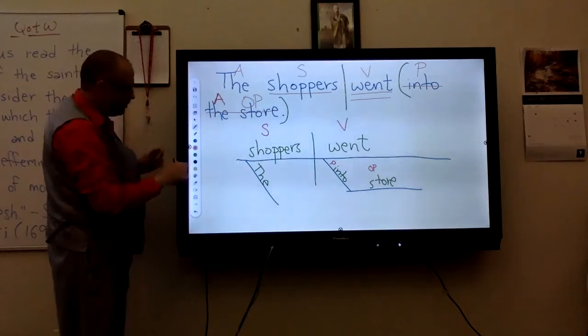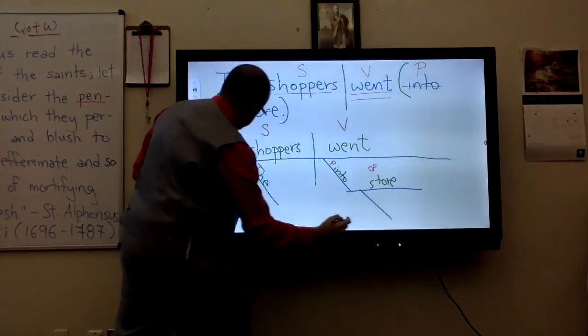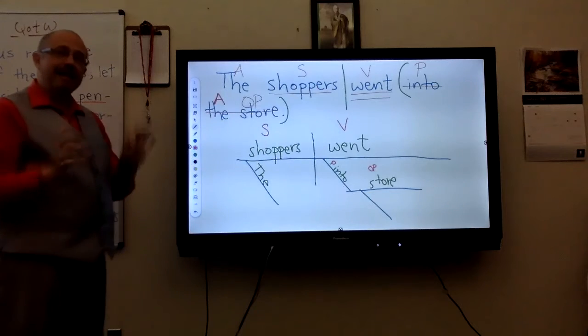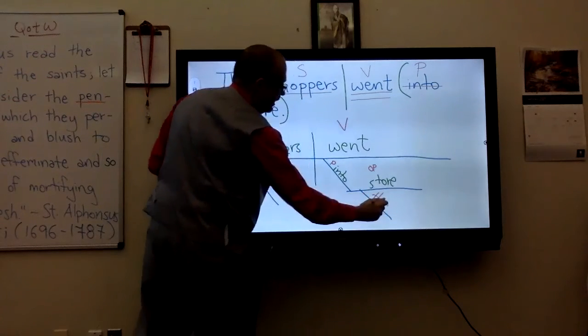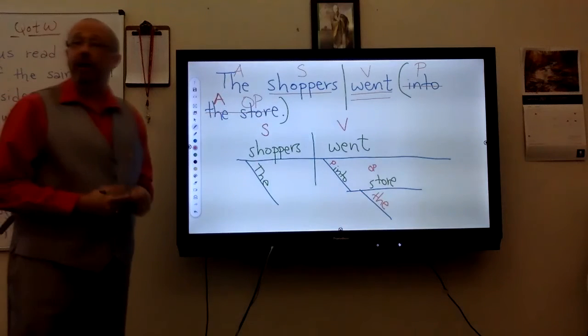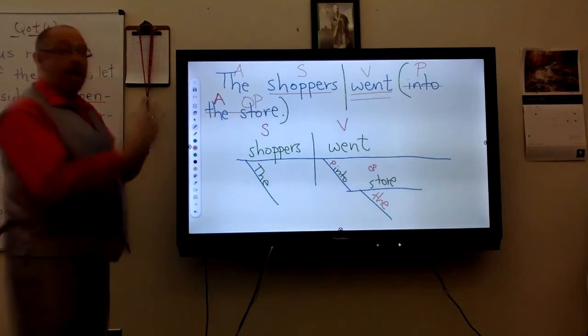Just like that one, okay? Which means it's an adjective, and so it gets attached to the word that it modifies. The. Don't know why I did that in red instead of green like all the others. I'm not going to worry about it.